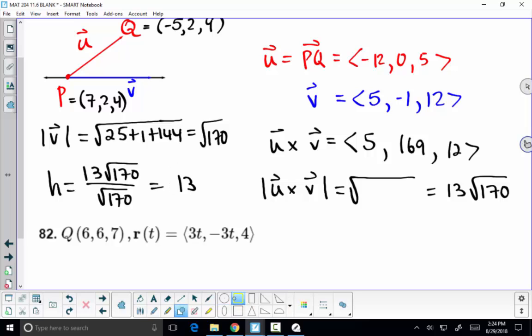What if we want it to be 170 times the square root of 13? You could write that if you want.